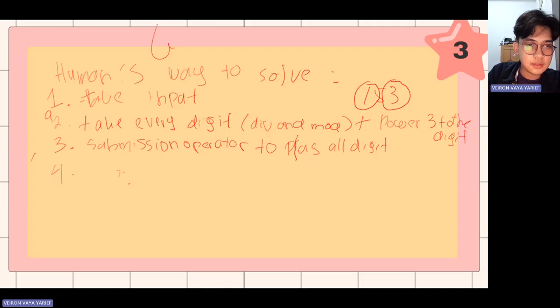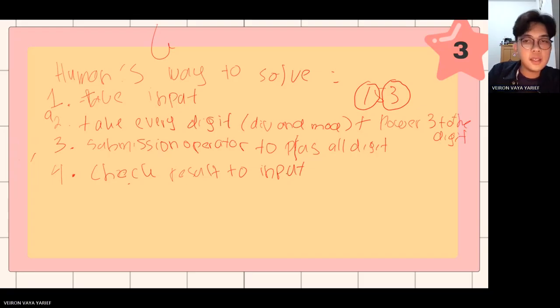What is the last thing to do? Check the result against the input. This is how the Armstrong number is defined: if the end result is similar to the input, then it's an Armstrong number, it's true.